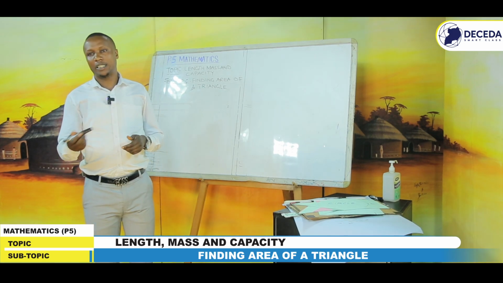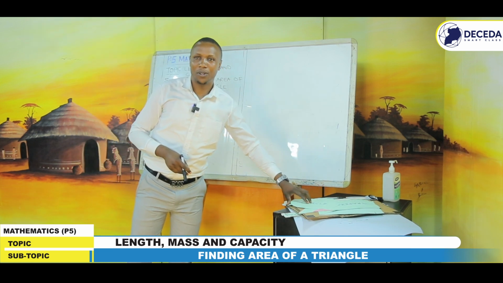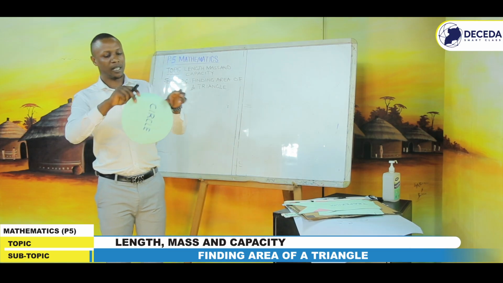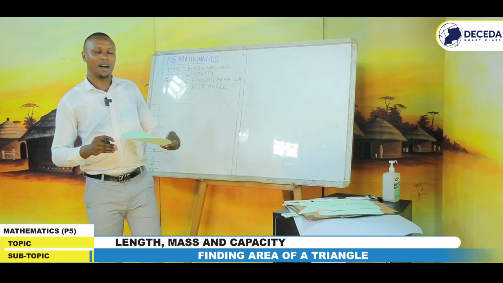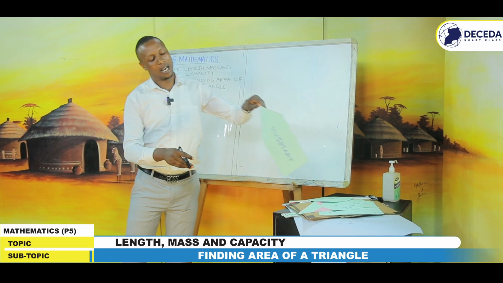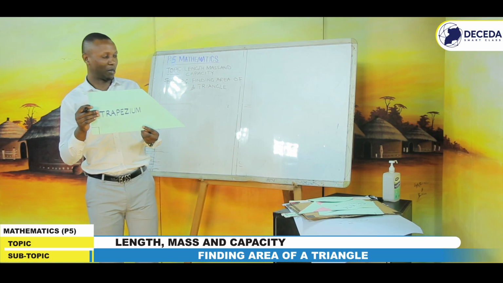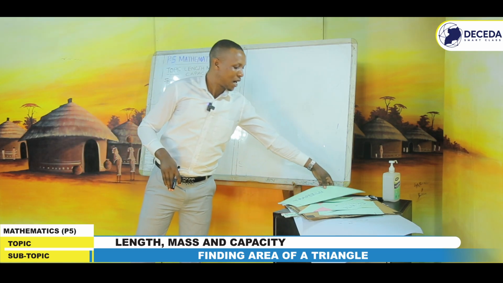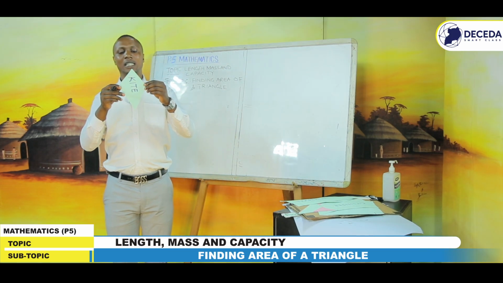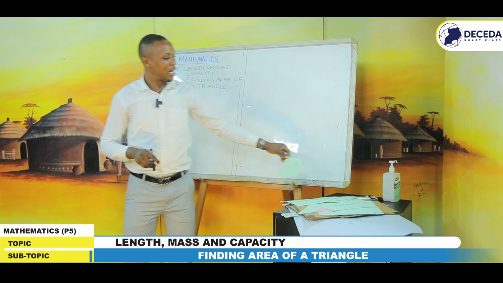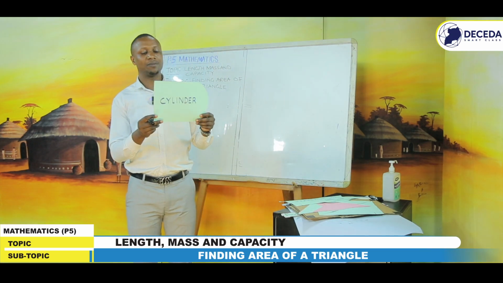Apart from the shape mentioned, we have other shapes. We have a circle, of which a circle is of this nature. This is a circle. We have another shape, a trapezium, and this is a trapezium I'm talking about. We have another shape like a kite, and this is a kite I'm talking about. We have another shape like a cylinder.